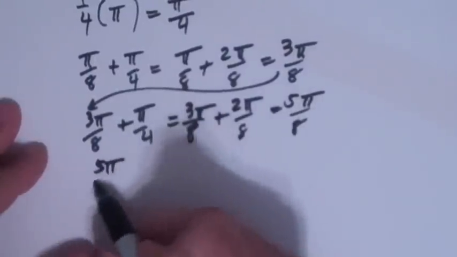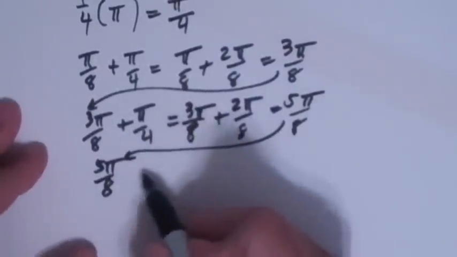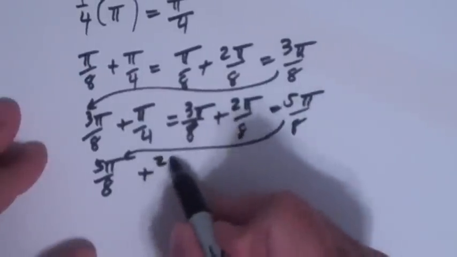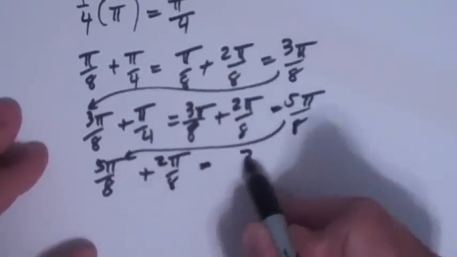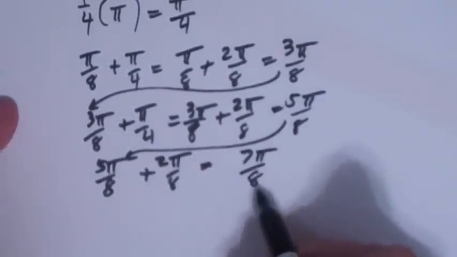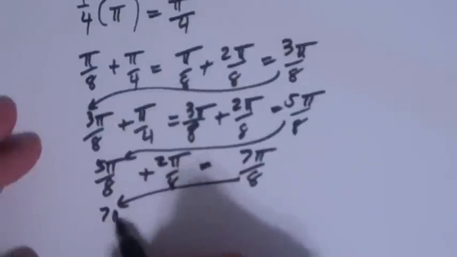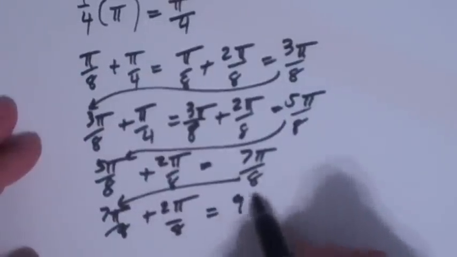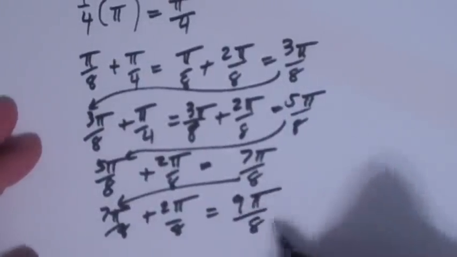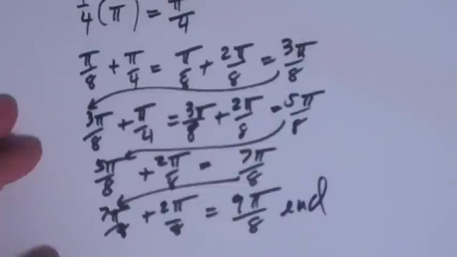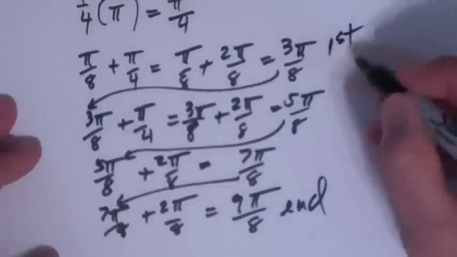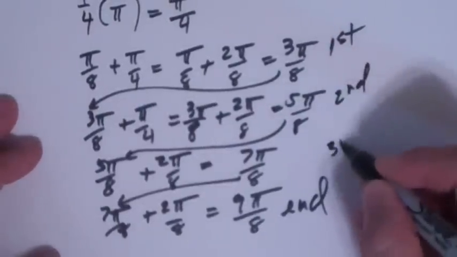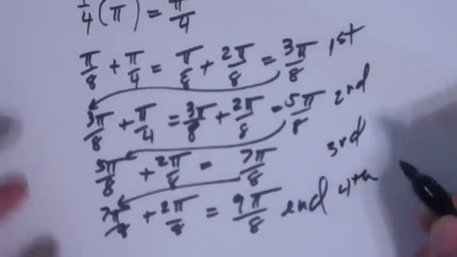And then 5 pi over 8, plus let's go ahead and use this form, 2 pi over 8, is going to be 7 pi over 8. And finally, the last one, 7 pi over 8 plus another 2 pi over 8 is 9 pi over 8. And this is a great check because that's our ending value. That's where we should be ending. So that's my first, second, third, and fourth quarter point.